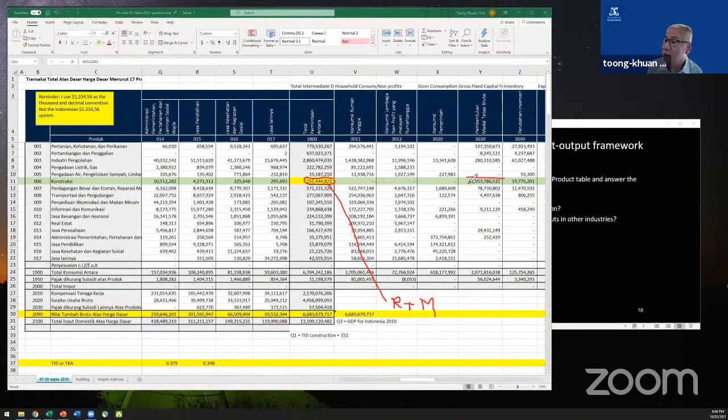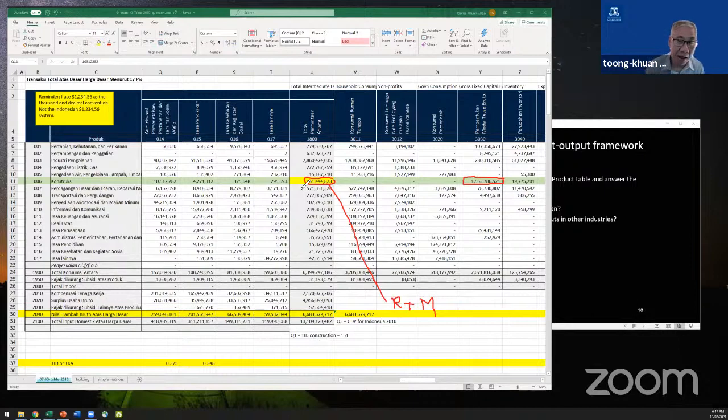Can you see that in Indonesia, your pembentukan modal tetap is 10 times larger than your total permintaan antara. So your repair portion is very small, repair and maintenance is very small, your new building is very large. That is because Indonesia is a developing country.